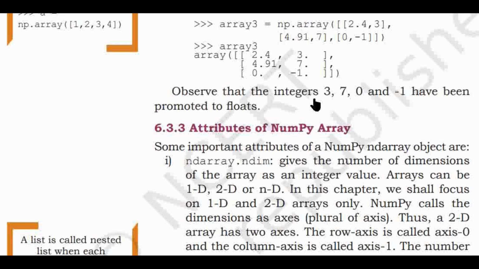Observe that the integers 3, 7, 0 and -1 have been promoted to floats. Here take care of these numbers. These are promoted to float.